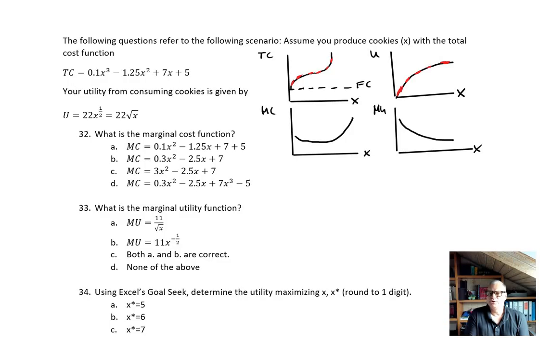But the more cookies you have, the lower will be the extra utility, and maybe the cost eventually goes up if you produce them. So now what we need to do is look at marginal utility and marginal cost in one graph. So the lower two graphs, I put them into one.